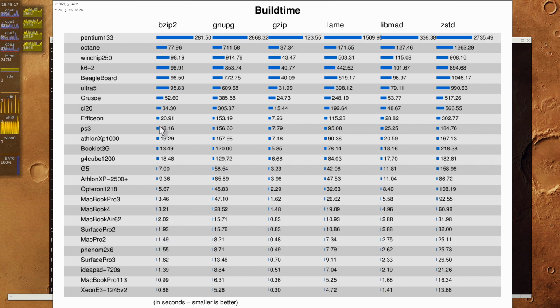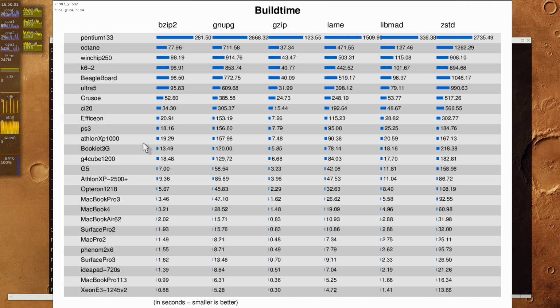Where do we stand? Even build time is actually still quite close here with the PS3, and the PS3 with its simultaneous multi-threading implementation can probably make a little bit more use of the available memory bandwidth. But even here, build time, you see a 1 GHz AMD Athlon XP is similar to a much faster clocked and simultaneously multi-threaded PS3.